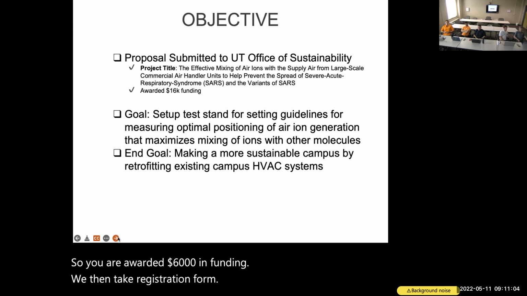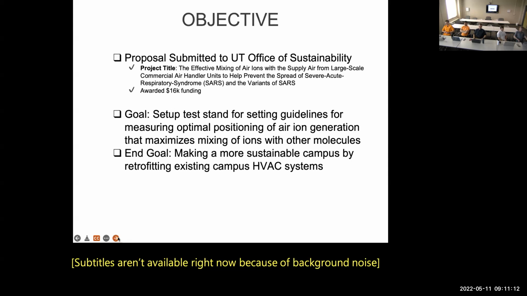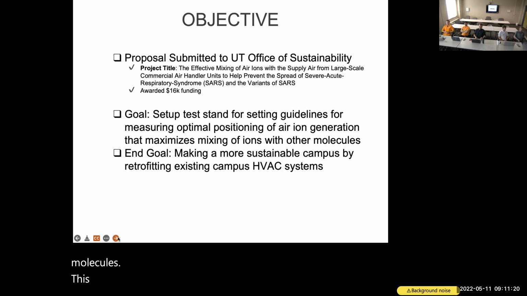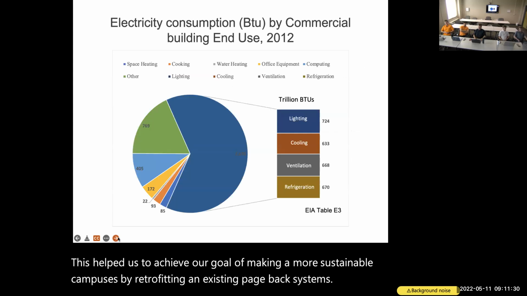We used that funding to set up a test stand for setting guidelines for the best positioning of air ion generators for the maximum amount of mixing of ions with other molecules. This helped us get closer to our end goal of making a more sustainable campus by retrofitting existing campus HVAC systems. So we go on to the next slide.